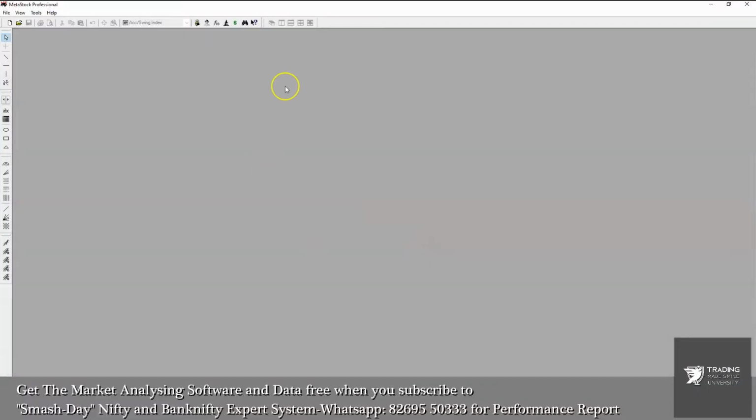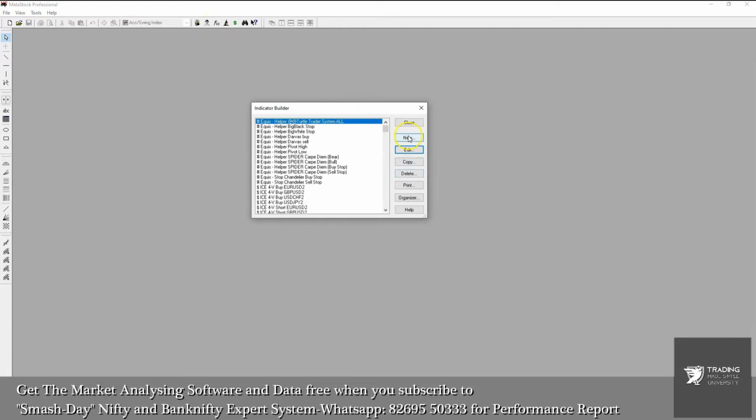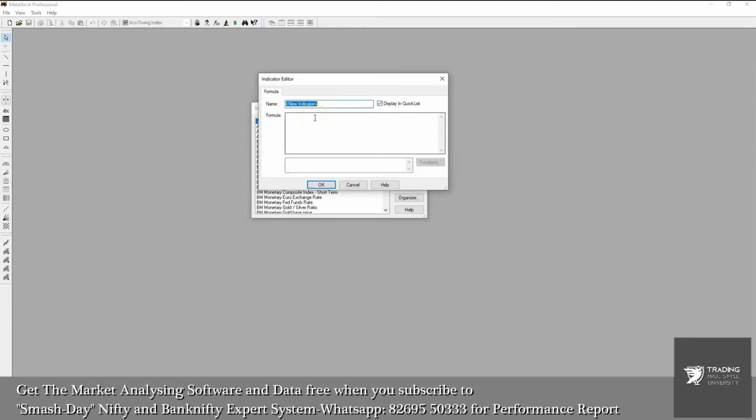So we are opening Metastock and we are creating an indicator. We are going to Indicator Builder, and here we are creating a ratio chart. Let us start with a variable called Z, and Z is the ratio chart, which is basically a ratio of two numbers, X and Y. So what is X and what is Y?